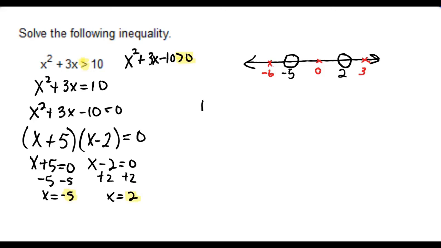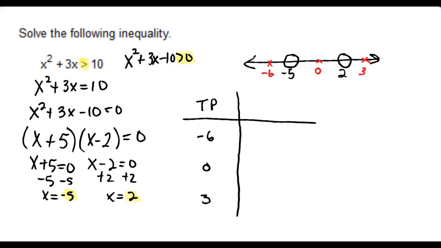So I'm going to substitute them into the expression x squared plus 3x minus 10. And what we're looking for is whether the expression comes out to be positive or negative, because that is going to tell us whether it's greater than 0 or less than 0. So let's test these values.